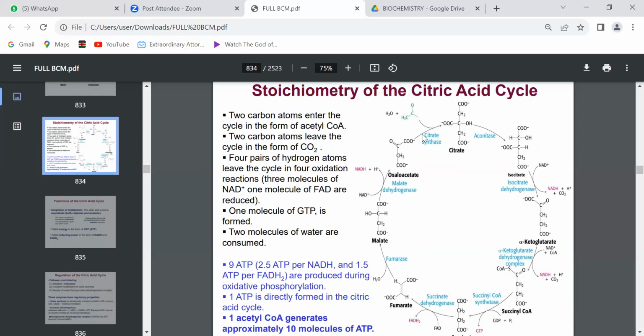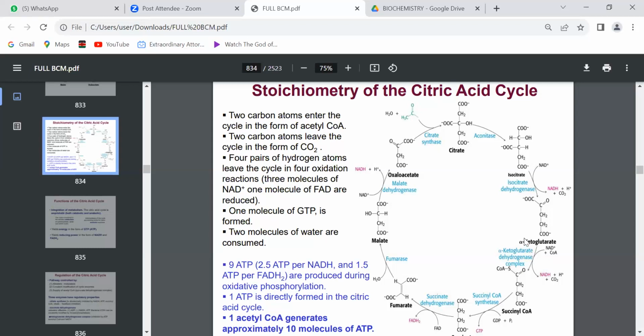The other one, alpha ketoglutarate dehydrogenase, is inhibited by ATP, succinyl-CoA, and NADH. When any of those levels increase, they inhibit the reaction and stall the cycle.